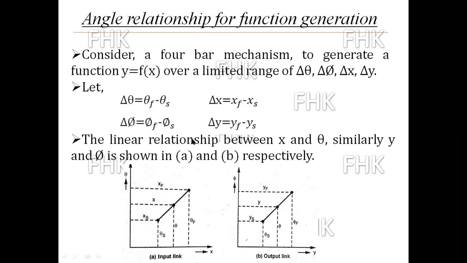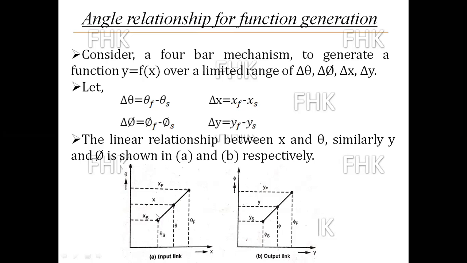Now if the relationship between x and theta, and similarly y and phi, is plotted, you will get a linear relationship of inclination with respect to precision points. If I plot the location of precision points on x-axis and, on y-axis, the inclination of input link, I will find a linear relationship.